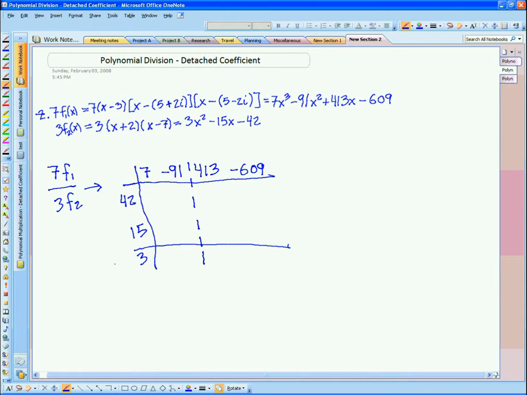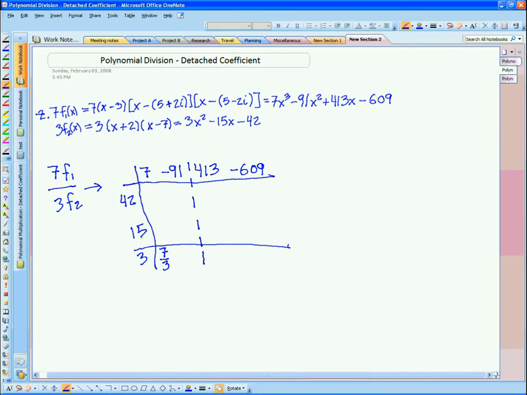That becomes more important here, because when we bring a term down, like we're bringing the 7 down here, we're going to divide it by the leading term in the divisor. So this becomes 7/3, what we put down here. In the remainder, we don't divide it. So when we get to that, it'll become clear.